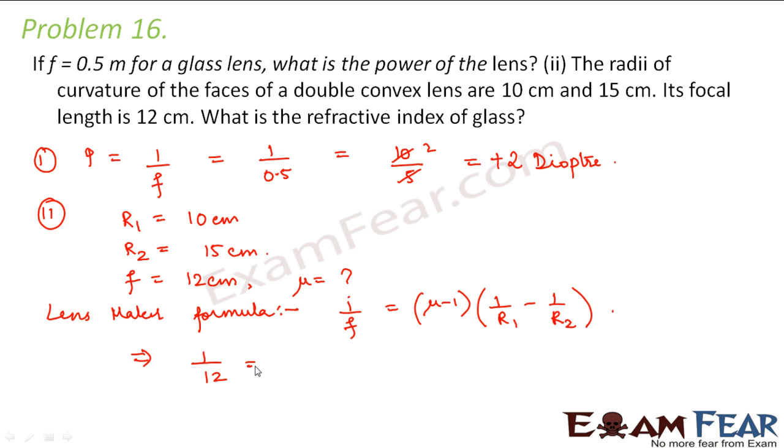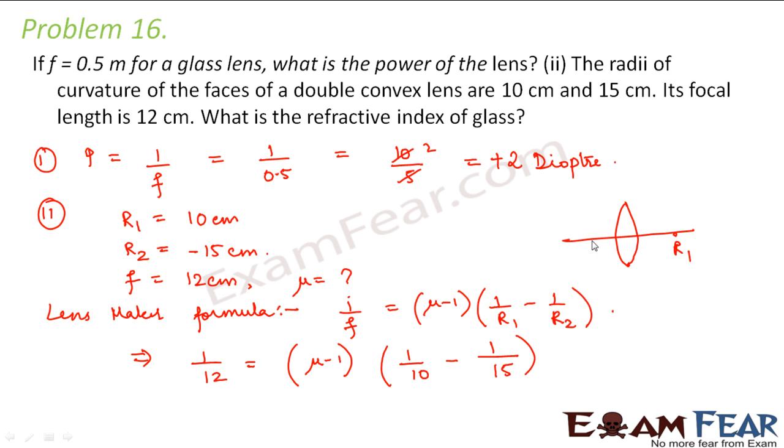Therefore, 1 by f is equal to mu minus 1 into 1 by R1 minus 1 by R2. Now in this case, R1 is positive, so R2 has to be negative because it is a convex lens. So if this is R1, this is R2. If R1 is positive, this R2 has to be negative.